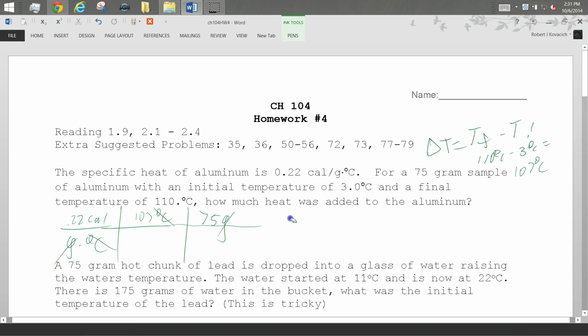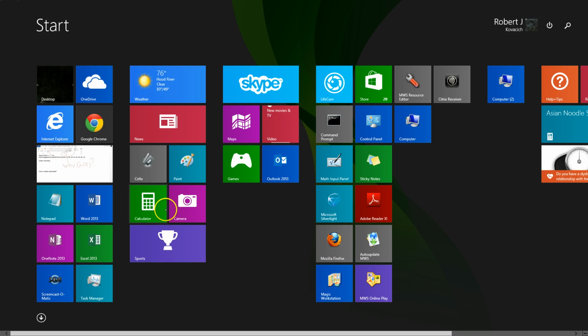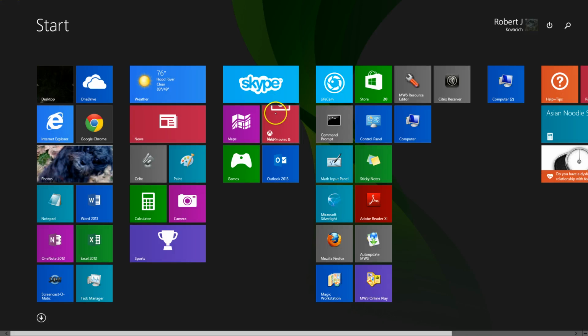So I punch this into the calculator. Let's see. Can I do that? I think I have a calculator here. Where did I put it? It's next to the camera? About the trophy. Second one to the right. The green. It's green? Green.